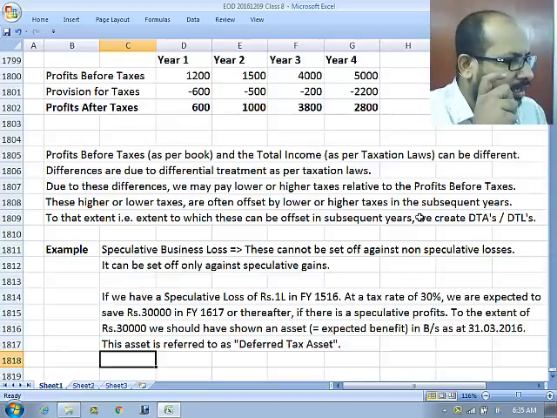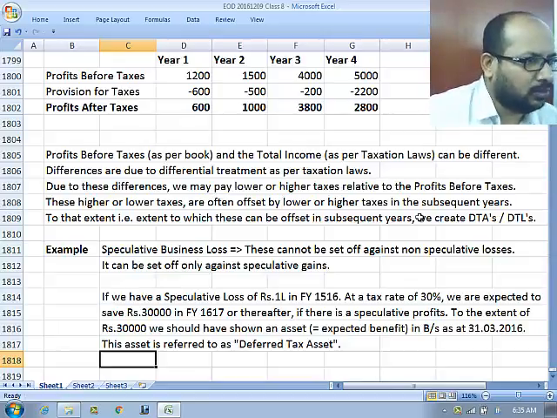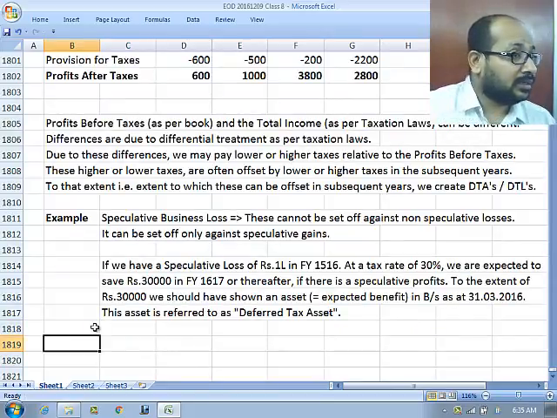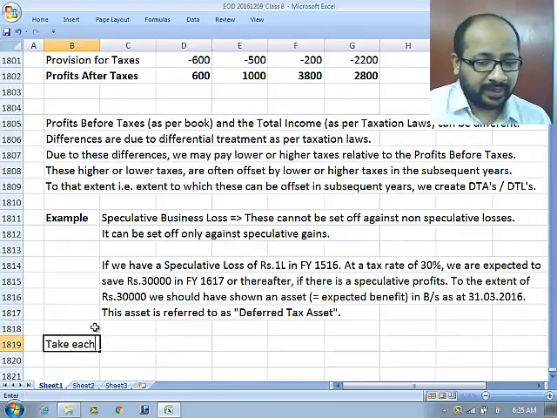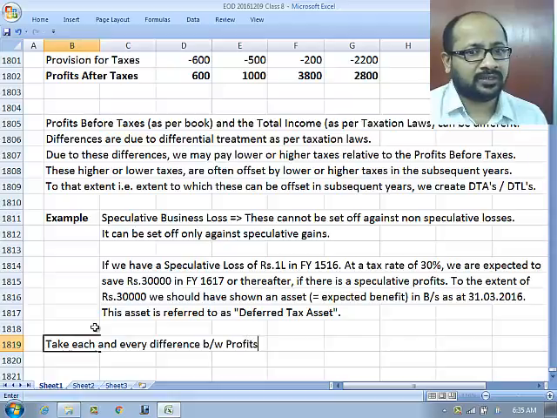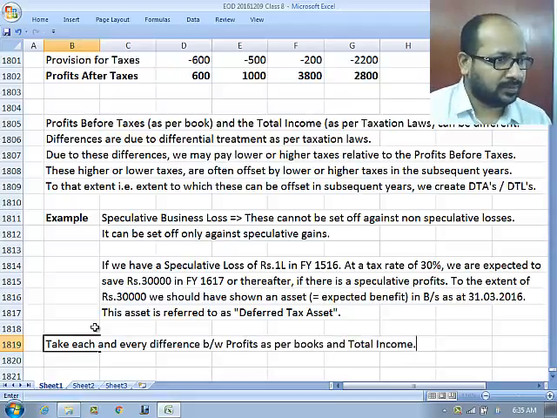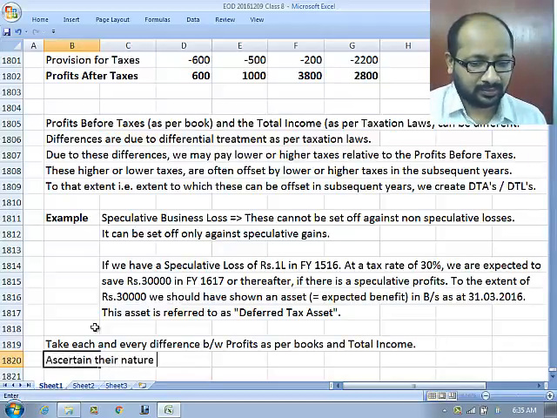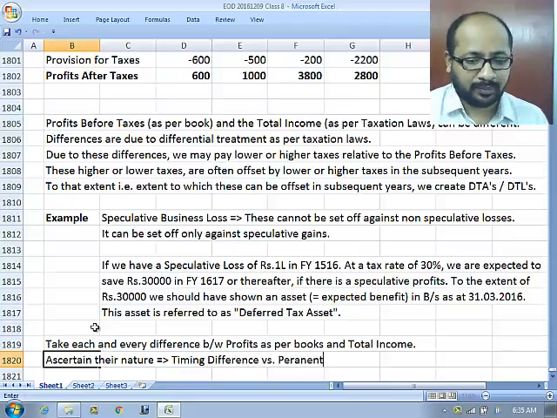This is the logic. So what will we do? Our approach would be something like this. Take each and every difference between profits as per books and total income, and look at it in its nature: timing difference versus permanent difference.